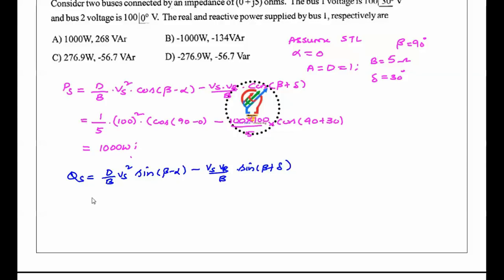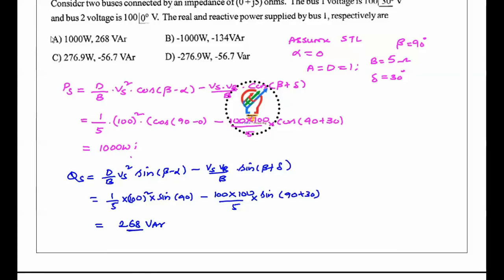So we already know 1 by 5 into 100 square into sine 90, that is 1, minus 100 into 100 by 5 into cos 90 plus 30. Sorry, here it is not cos, it is sine. Once we solve this, you will get 268 VAR. So the option here is A, the right option for this question.